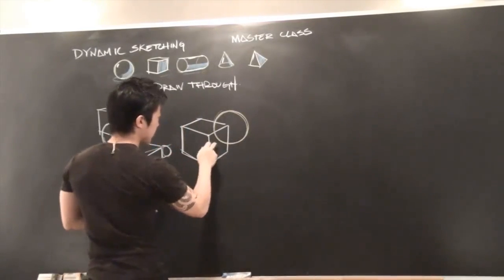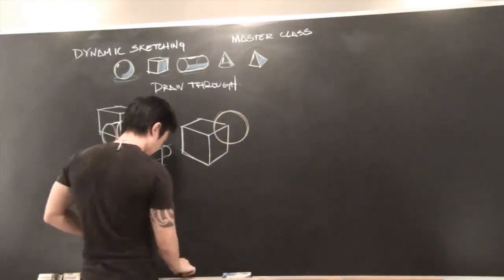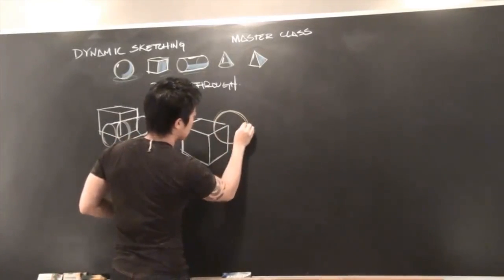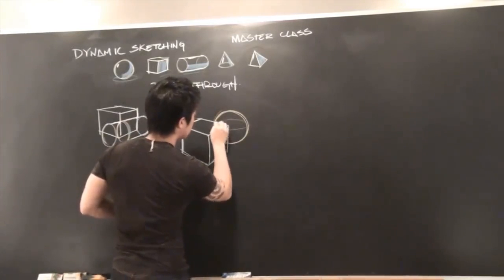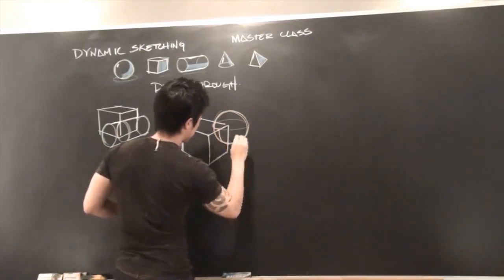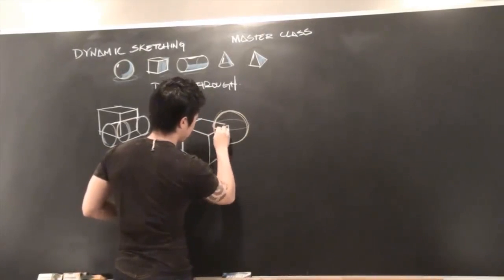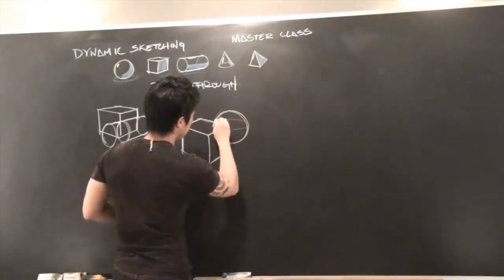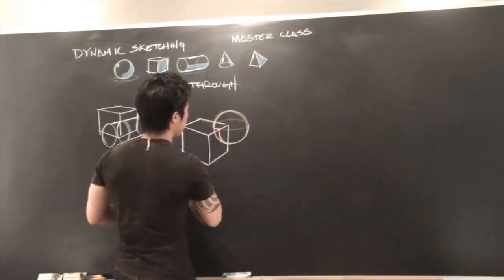So if the cube is actually coming forward, we have to draw the contour line to see where that form is turning, and how that is interlocking and cutting away into the cube. A little confusing at first.